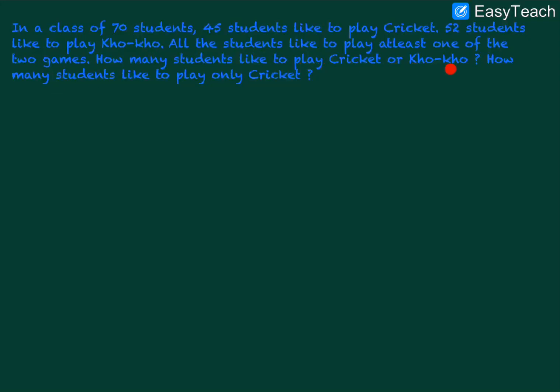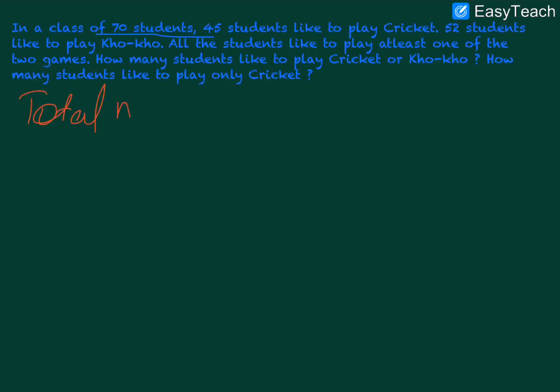We have to find how many students like to play cricket or coco and how many students like to play only cricket. So I am taking this class of 70 students, so our U will be 70.